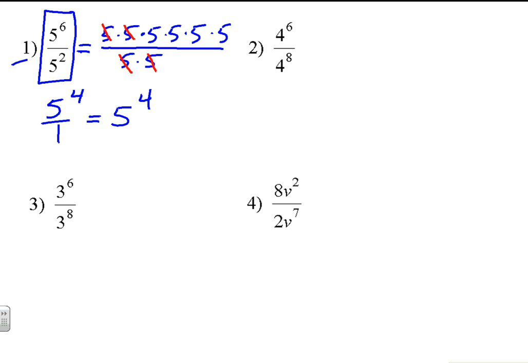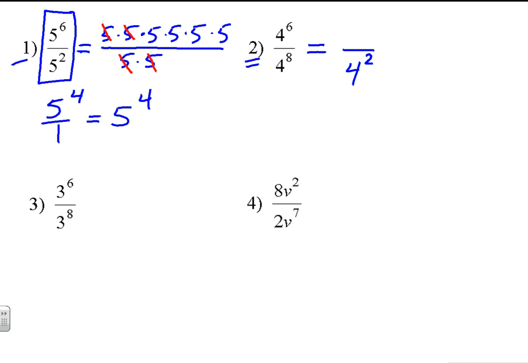So moving forward on to number 2, I have 8 factors of 4 in the denominator, 6 factors of 4 in the numerator, and I would just ask, where do we have more 4s? Well, we have more 4s in the bottom. More by how many? Well, 8 is 2 more than 6. 4 to the 2nd.